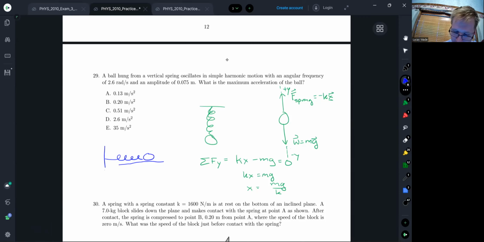So what's acting on the ball is, in this case, you've got, oh, but when they say Fx, they're talking about the force applied to the spring, not the force the spring applies. So in that case, we'd be talking about one like you're applying a force to compress the spring by a certain amount.